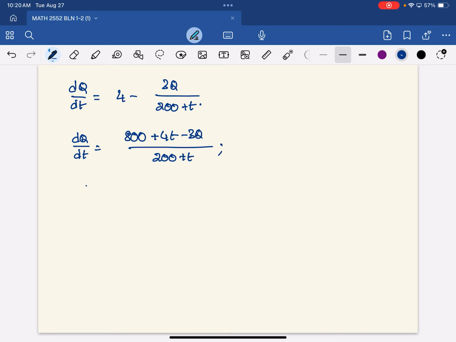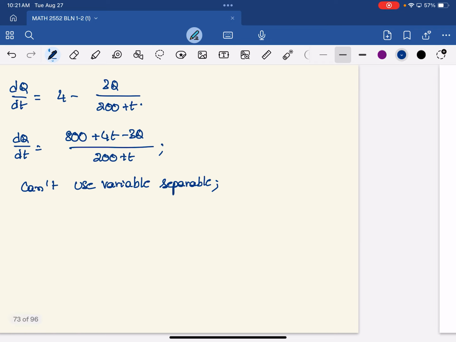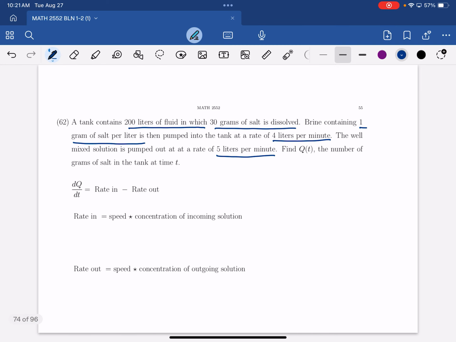So I cannot use variable separable on this. I thought I could, but I was wrong. Clear? That's how you would proceed. Good question though. In my head I was thinking I could pull it off, but I couldn't. Thank you for asking me that.